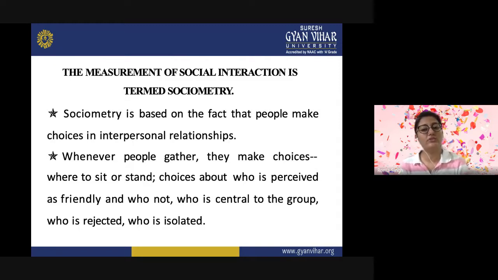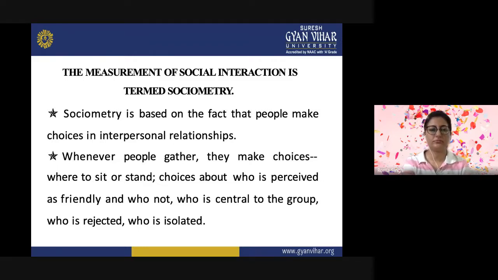So who is central to the group? Who is the one who is so popular within the group? Who is the rejected one? No member of the group likes such persons who are annoying, who fight with each other. Or there may be some people who are isolated, who choose to remain aloof from everyone, and they have their own world.